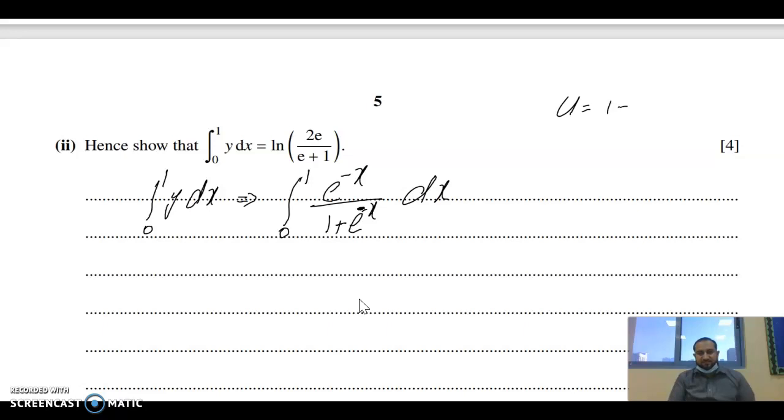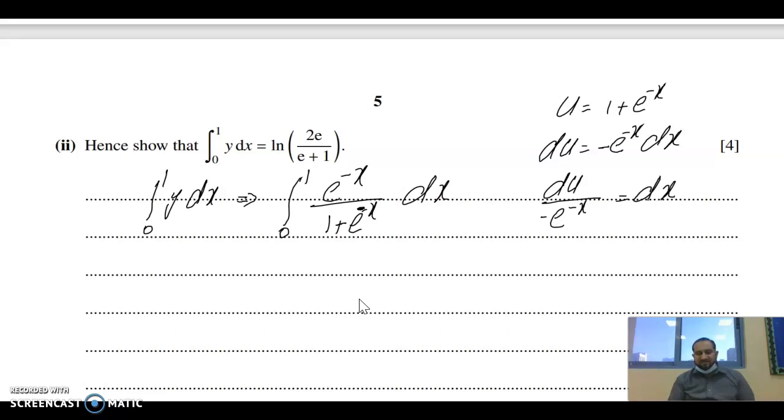So u is our denominator, then du will be minus e to the power minus x dx. That means dx will be du over negative e to the power of minus x.